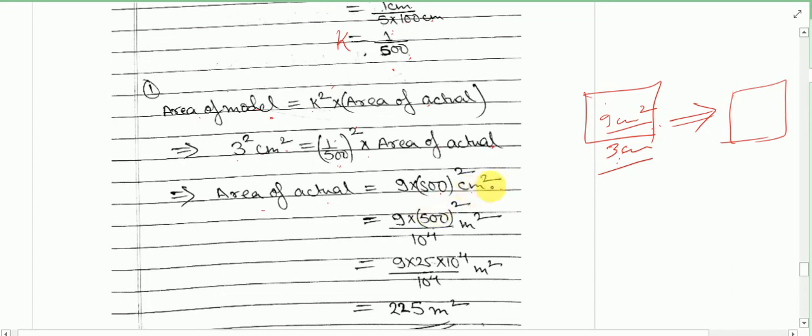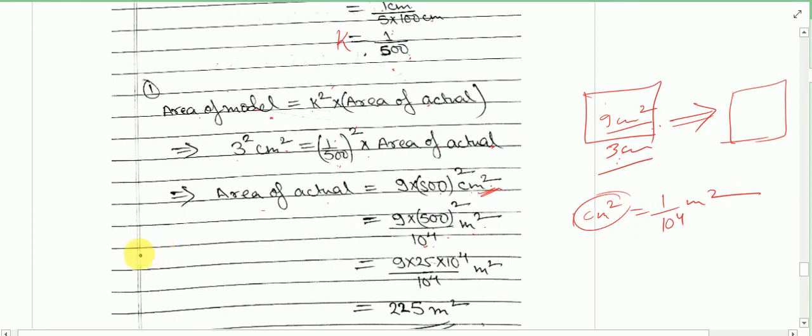Now this centimeter square has to be converted to meter square. So I had told you that 1 centimeter square will be equal to 1 by 10 to the power 4 meter square. So this centimeter square will be replaced by meter square, and in denominator we'll write 10 to the power 4.